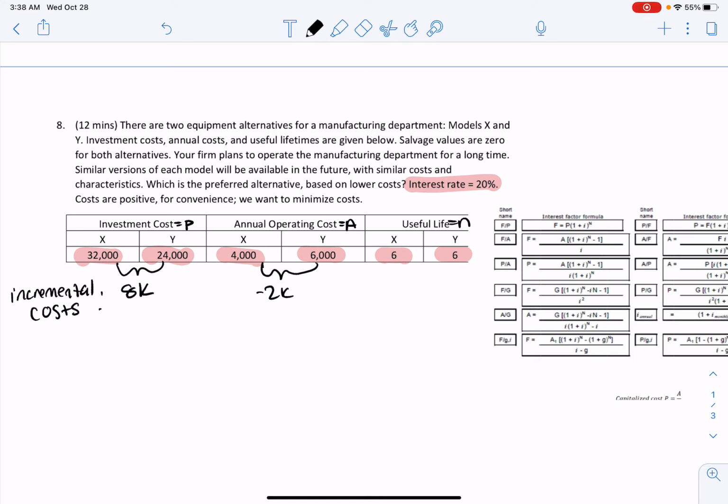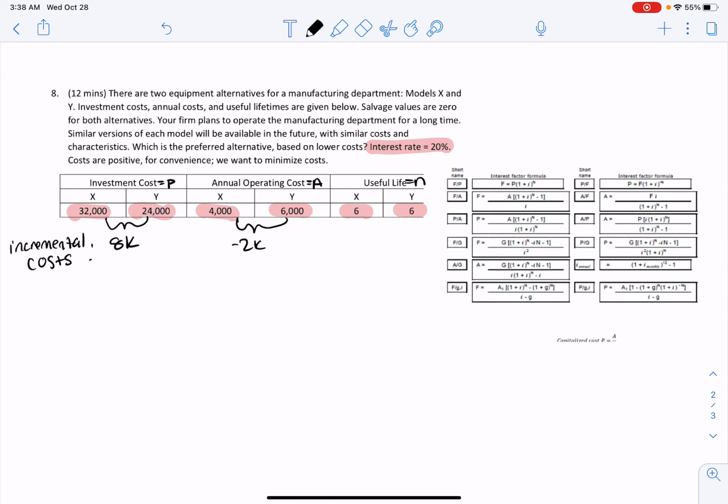What we're going to do right now is draw cash flows for both X and Y. So for X, in this case it tells us costs are positive, so my arrows are going up. Usually it's relative to the amount, so the higher the amount, the longer the arrow, so just keep that consistent.